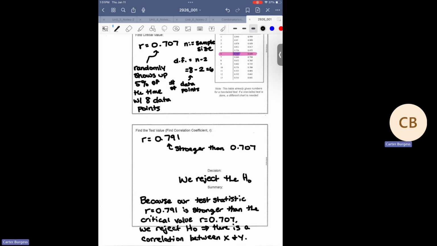The only thing we're changing is that the R value we got was negative 0.791 instead of 0.791. Is that stronger than this critical value that we see of 0.707?